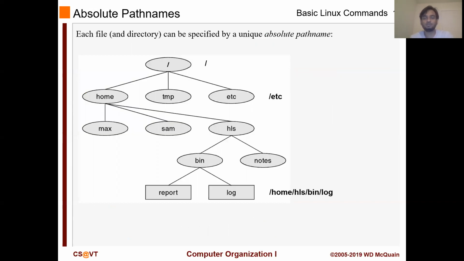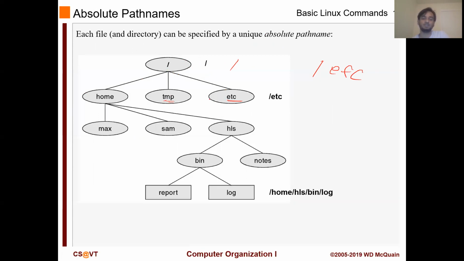Now we will be looking at absolute path names. Absolute path names basically start from the root and end wherever you want to specify. For example, the root is always going to be this slash, okay? If you want to go to the path etc, it's going to be slash etc. It's basically going to concatenate all the nodes, okay?